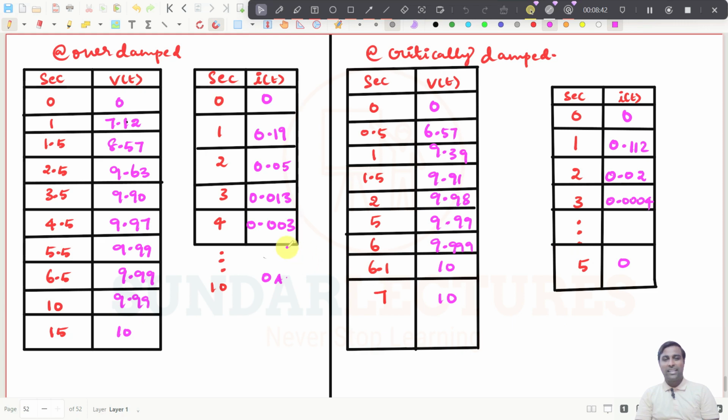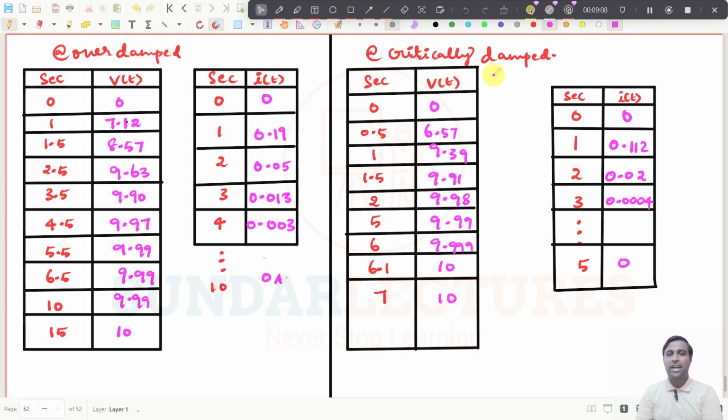At 3 seconds it is 0.013 here, but it nearly becomes 0 amperes in the critically damped condition. So the voltage stored in the capacitor becomes 10 and the current becomes 0 very quickly compared to the over damped condition.